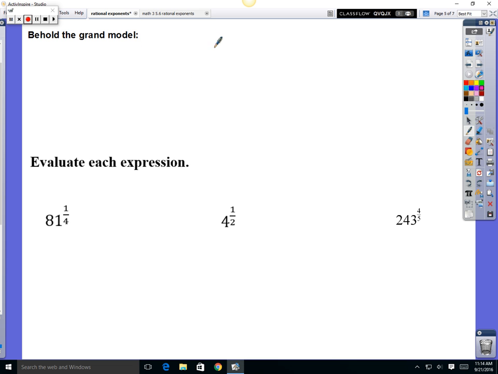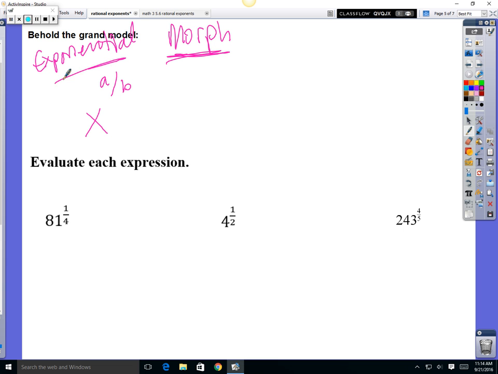Okay, now we are going to morph. Morphing is awesome. We're going to morph back and forth. So if I give you x to the a over b, this is exponential. This is how it looks in exponential form. Now if you morph it, that will turn into radical form.